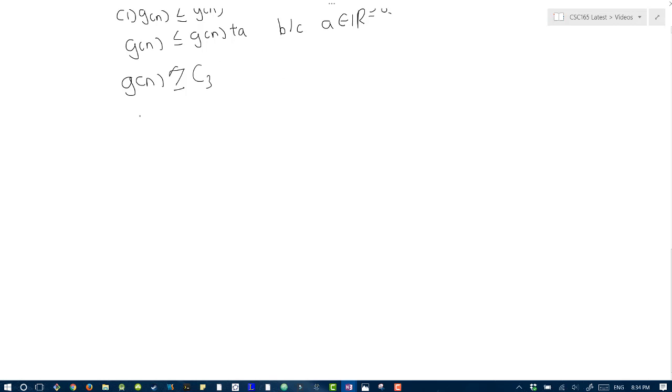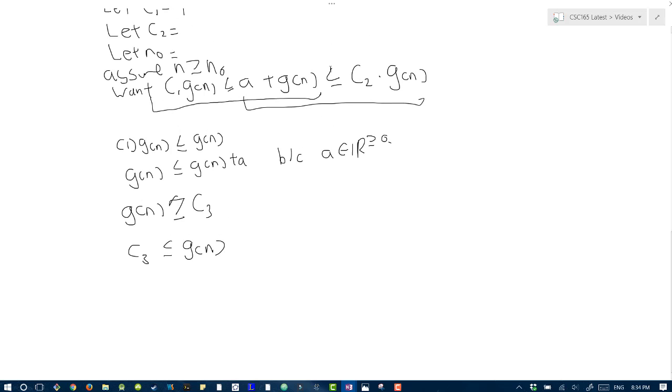And we can rewrite this in the other direction. And then what we want to show is this here. So we can divide both sides by C3.